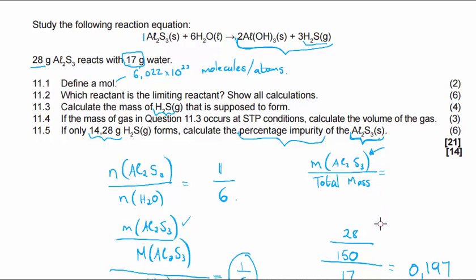Okay, so what is the total mass of this system after the reaction? Obviously, they didn't say it, but they should have said that it's a closed container because it's producing a gas.